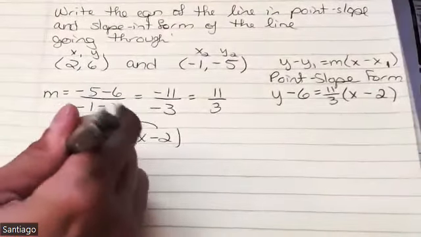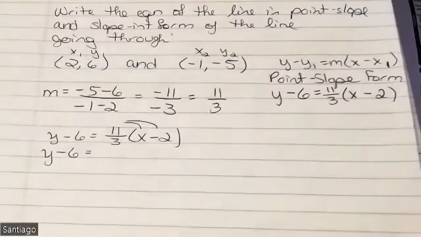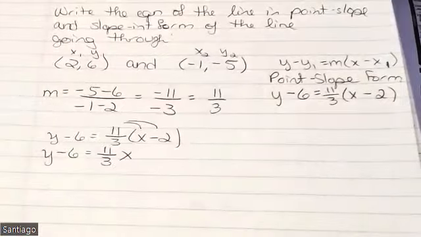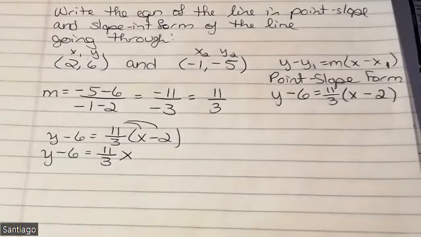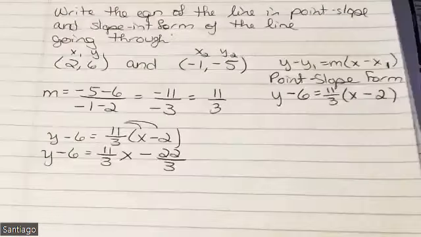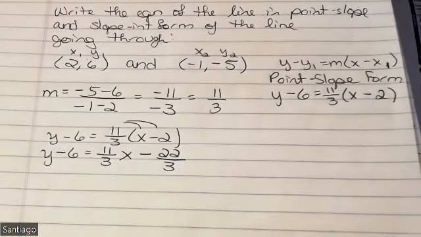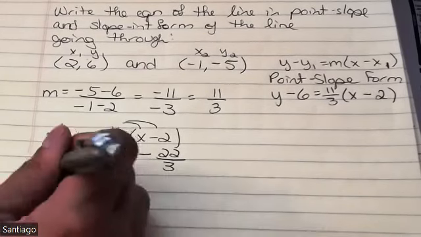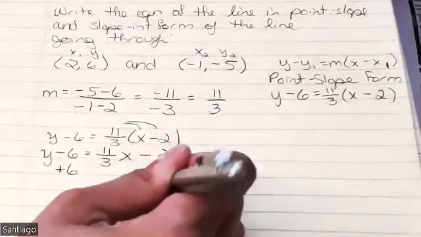That gives me y minus 6 is equal to 11/3 times x, which is just 11/3 x. 11/3 times a -2 is a -22/3. Now I'm almost there. Slope intercept form is y equals mx plus b. Y is not by itself yet. So I'm going to add 6 to both sides.